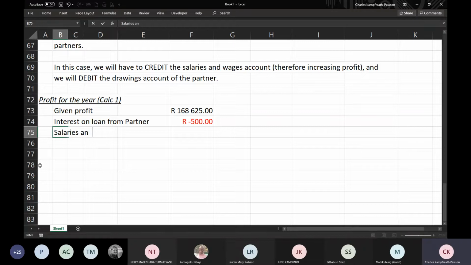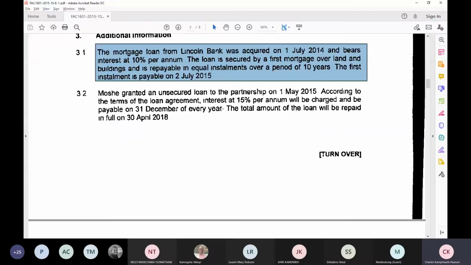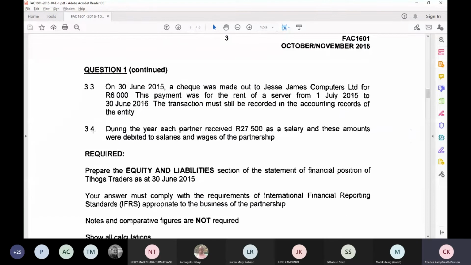Salaries and wages. It's just to exclude the partner's portion, and they say here, during the year, each partner received 27,500.